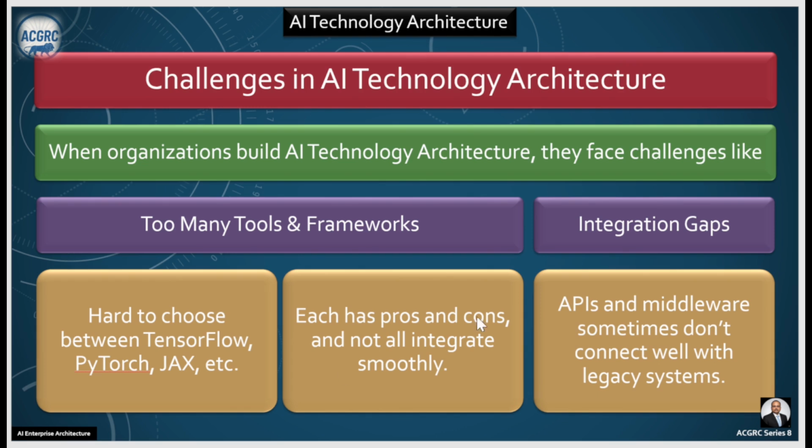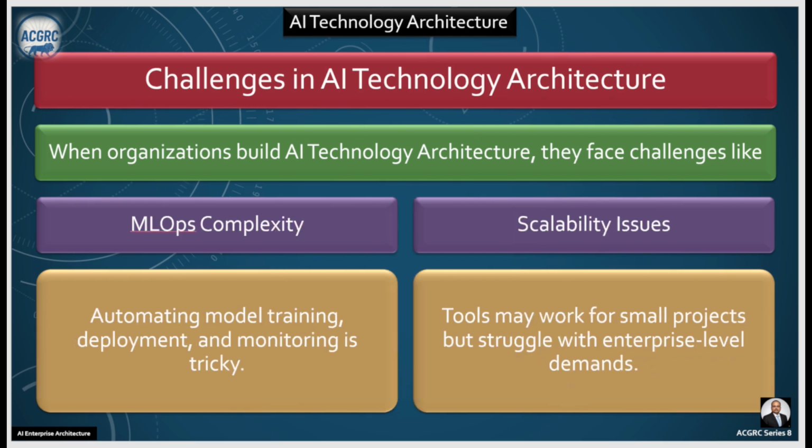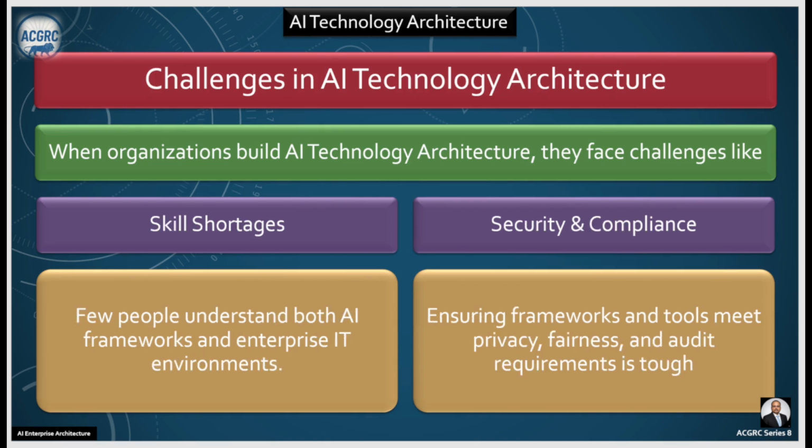From a scalability perspective, a tool might work for small projects, but will struggle with enterprise level demands. From a skill perspective, there is a serious shortage at this point of time. Few people really understand AI frameworks and enterprise IT environment.